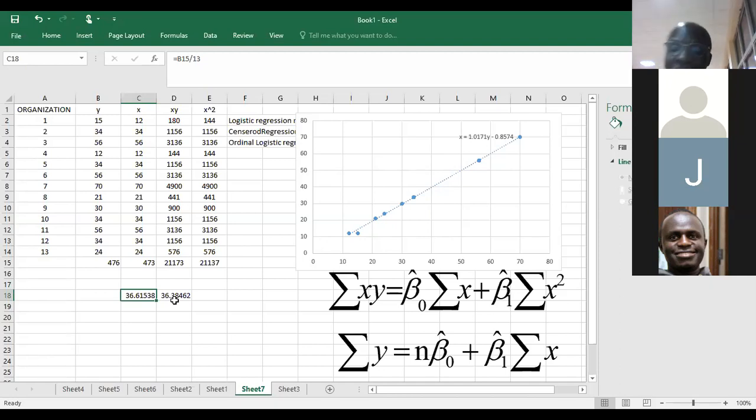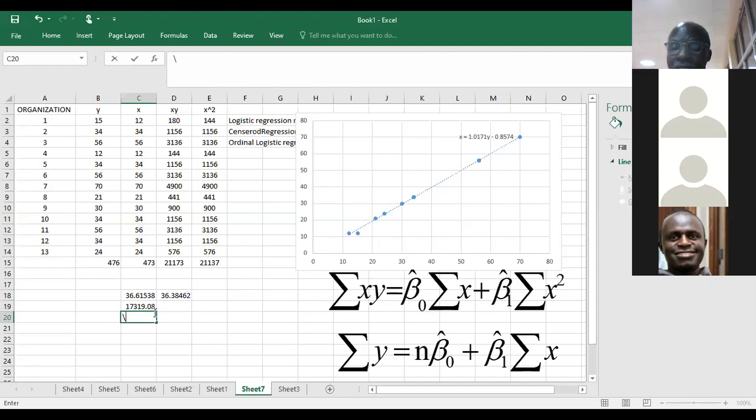So let's simplify. Now you multiply 473 inside. What do you get? Remove the bracket. 17,311.8. Just call it 17,319.